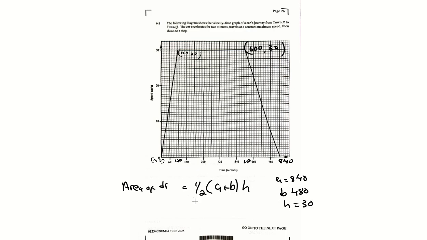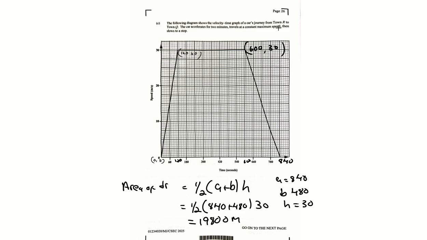So I'm going to put this in. That would be a half by 840 plus 480 by 30, 1 over 2 by 840 plus 480 multiplied by 30, which would be 19800, and this is in meters.